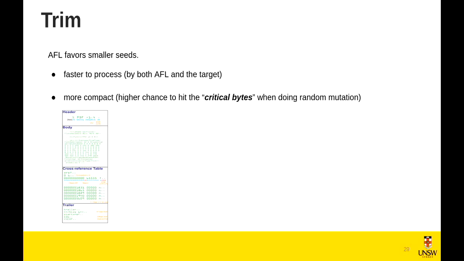That's why some bytes, like the structure-related bytes in the PDF file, are more important to be mutated during fuzzing. So if we have a smaller file, we are more likely to hit the critical bytes when we do random mutation.